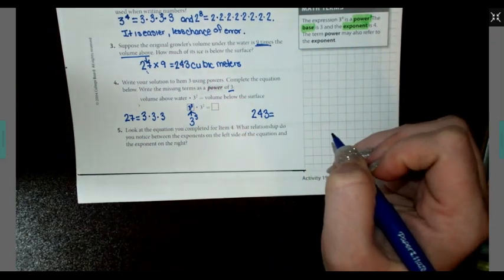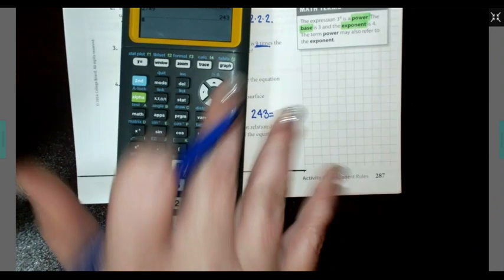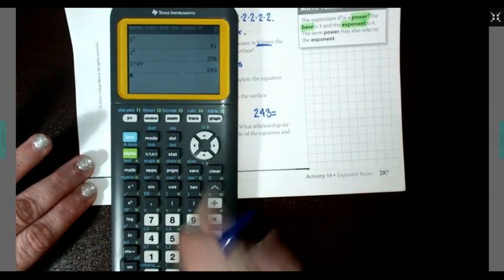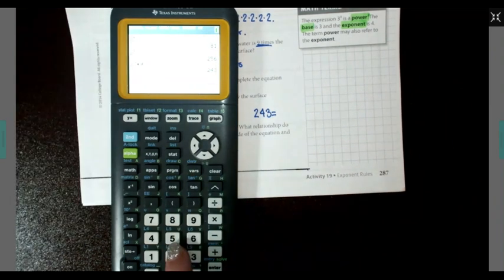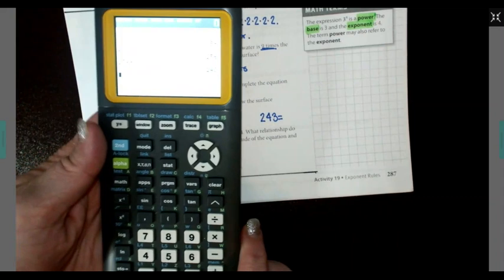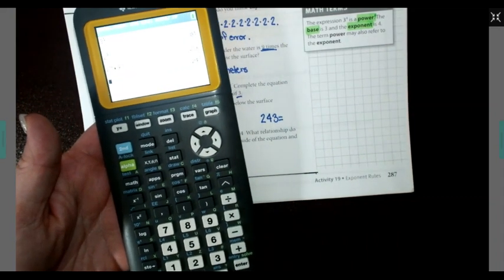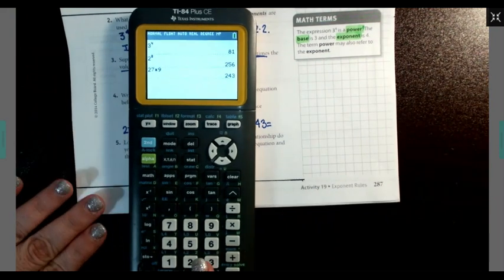So I want to know how many times we multiply 3 to get to 243. Well, I'm going to do this in the calculator. Let me turn on this other light over here. Let's see if that helps. Ooh, yeah, that helps my calculator see. Okay, so we're going to do 3 times 3 times 3.